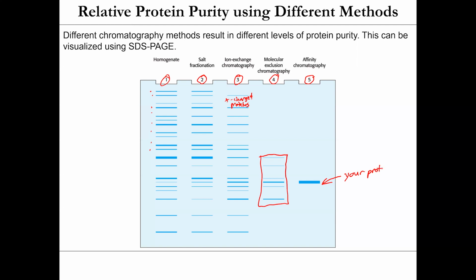Now you have a really pure fraction of your protein of interest, and you can save that and run all sorts of different assays to study its activity. So this is sort of just bringing together how you would use SDS-PAGE gels to measure the different levels of purification when you're purifying a protein.